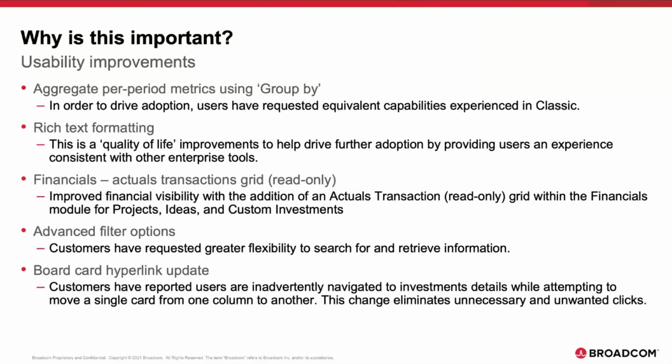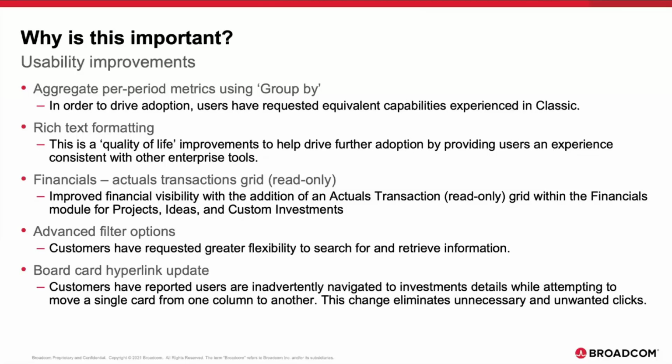From an actual transaction grid perspective, you've got improved financial visibility now with this grid. It's read-only, but it's for financials across project, ideas, and custom investments. The advanced filter options, again, customers have requested greater flexibility to search for and retrieve information.